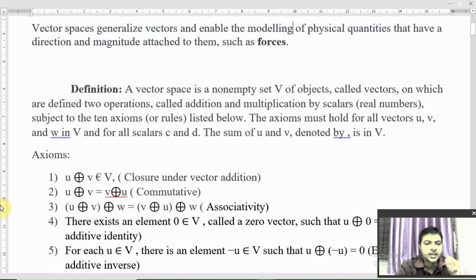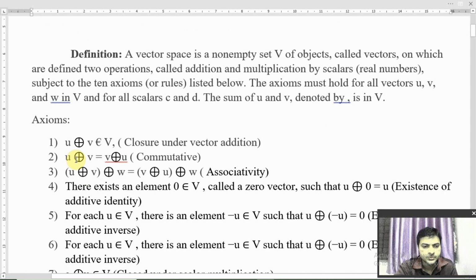First, u + v belonging to V, so closure under vector addition. The closure property is satisfied. Then u + v is equal to v + u, the commutative law. It may be addition and it may be multiplication in this case. Then u + (v + w) is equal to (u + v) + w, the associative law.